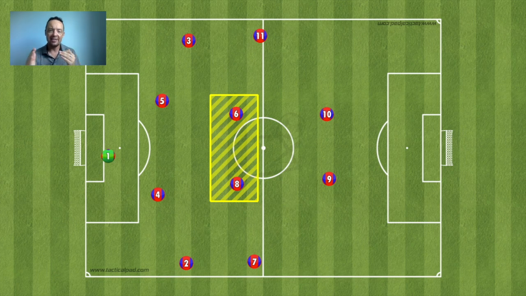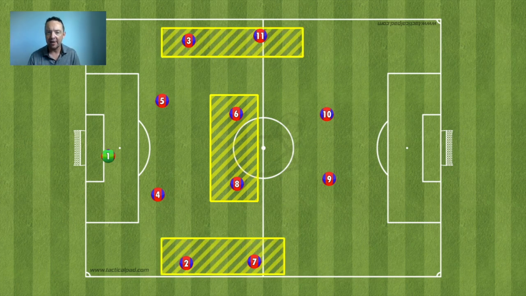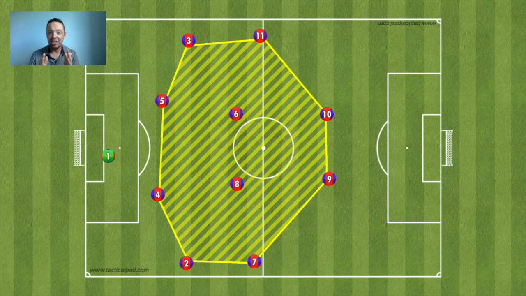Second of all, the 7s, 11s, the 2s and 3s can often find themselves in the same line, which can limit attack. So that can limit teams. And then the other one is that the shape is so expansive. The 4-4-2 can turn into a 4-2-4 from an attacking standpoint. And if it's so expansive, it puts big requirements on transitions. And again, it can expose teams when they lose the ball.